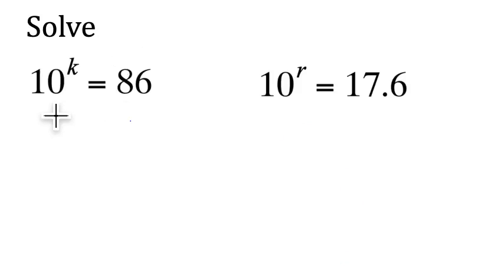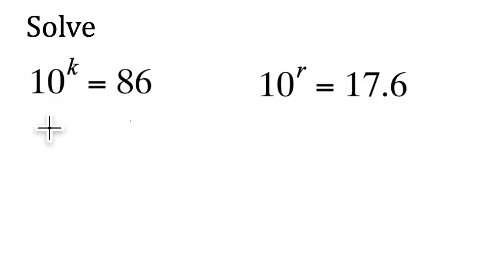Now here, with this equation, 10 to the power of k equal to 86, we're going to need a different method because we cannot rewrite these bases to be equal to each other. In situations like these, we can use logarithms. So let's go ahead and rewrite this equation as a log. Now, 10 is the base here, so it's going to be the base of the logarithm as well.